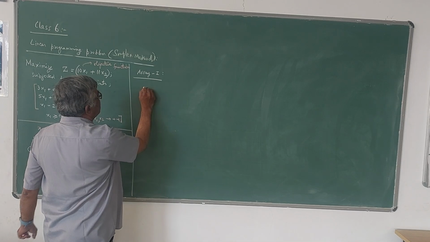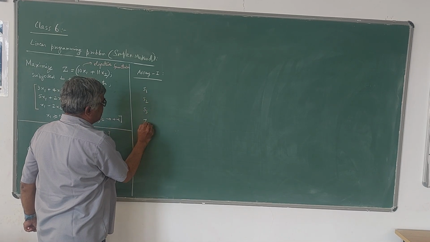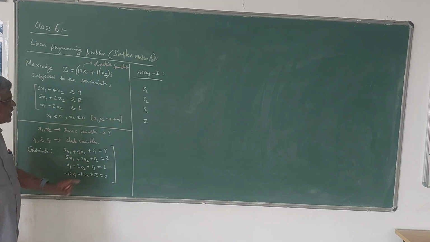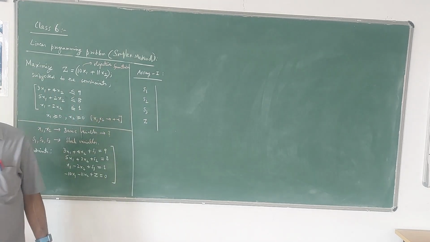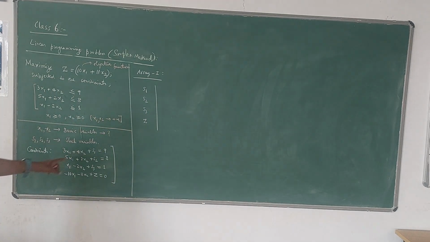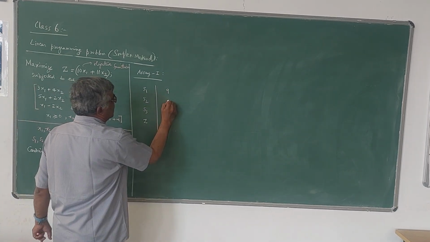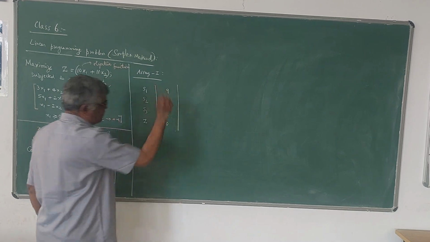In the first column, you have to take S1, S2, S3 and Z. In the second column, we write the RHS values, 9, 8, 1, 0.